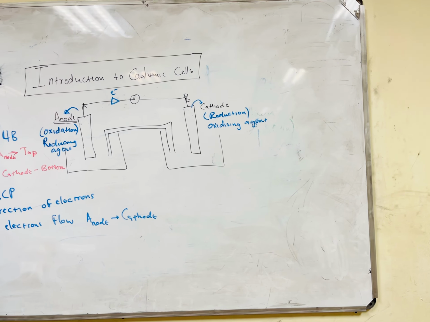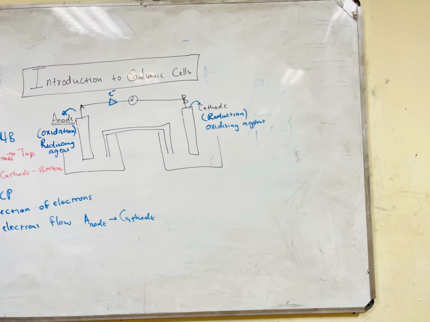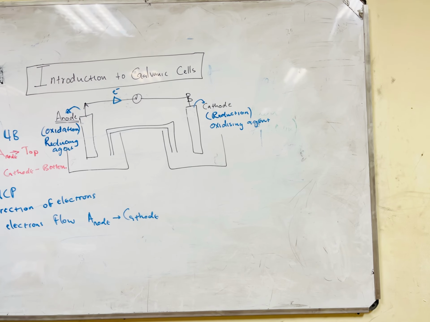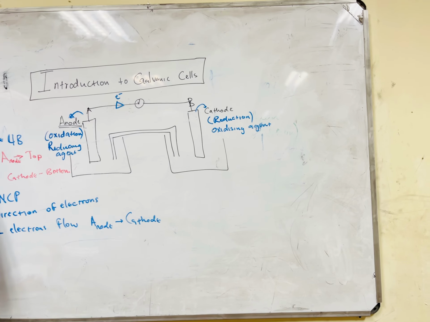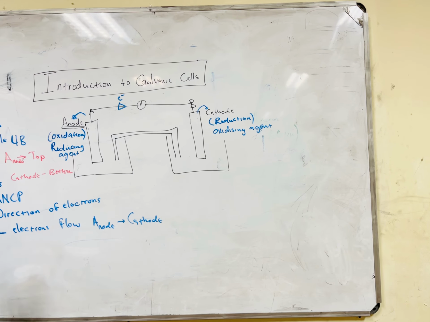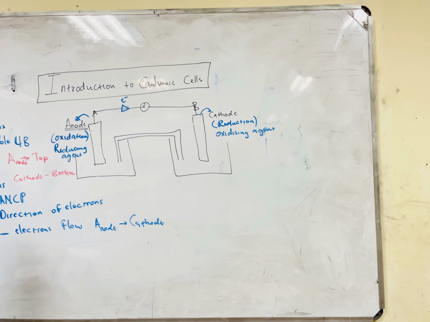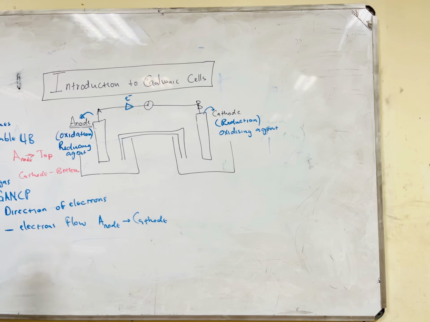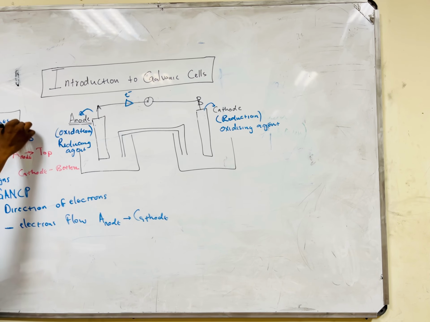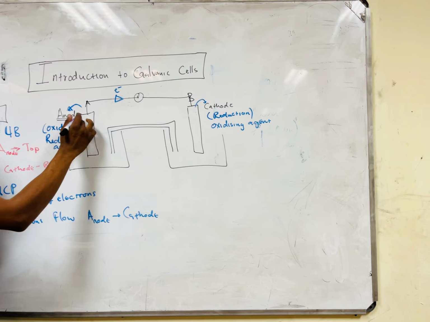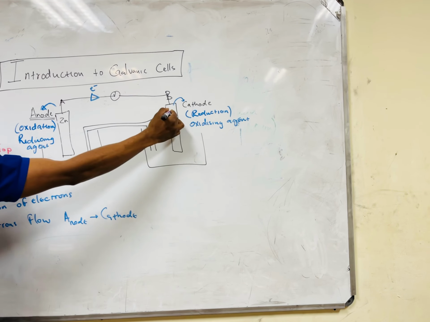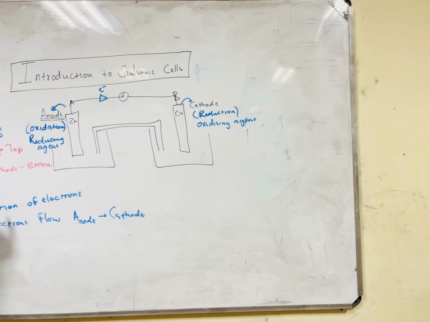These are the three methods that we use to identify the anode and the cathode. Remember, before you can answer the questions, we need to first identify the anode and the cathode. Point number one, if they tell you that this one is zinc and the other one is copper, you use table 4b.